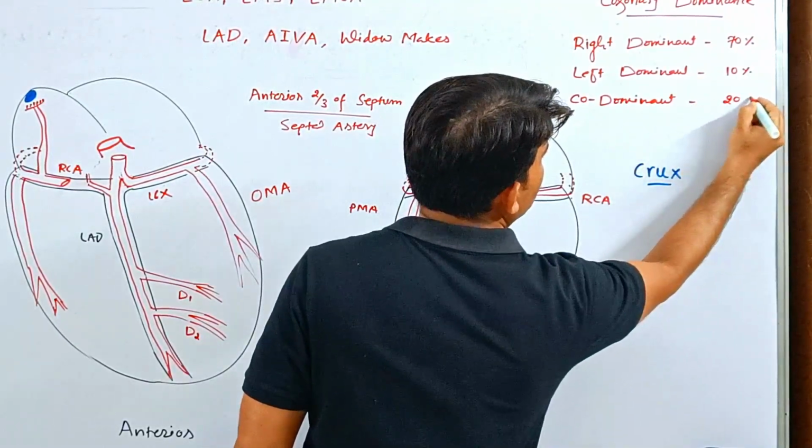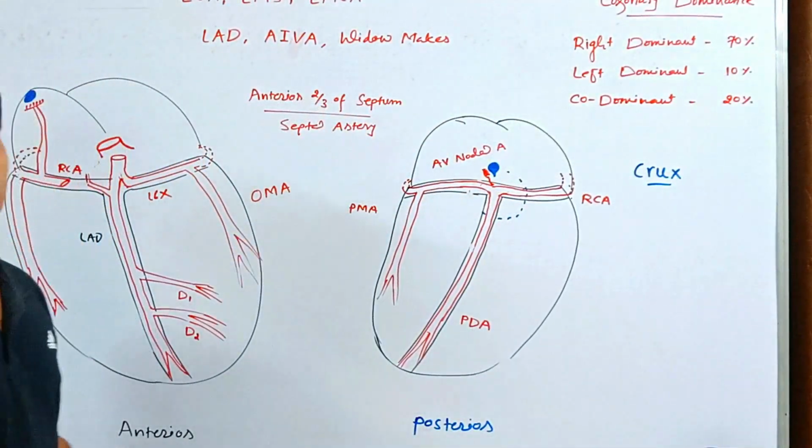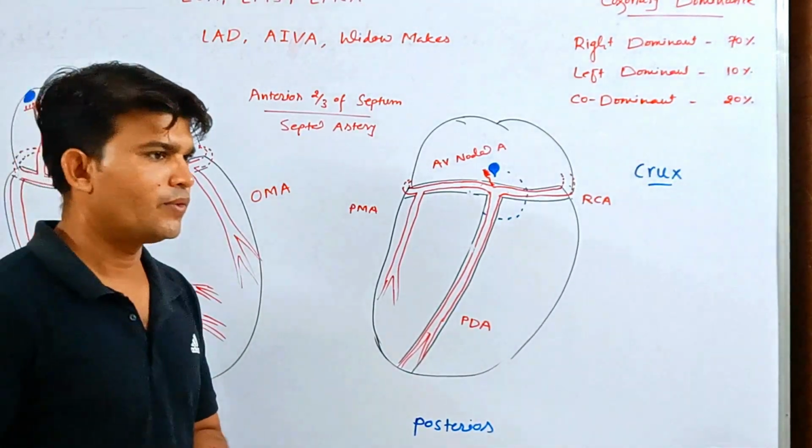Practically, we see a co-dominant heart in 20% of cases, right?